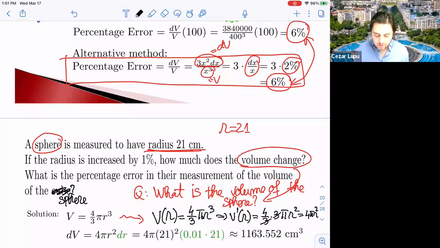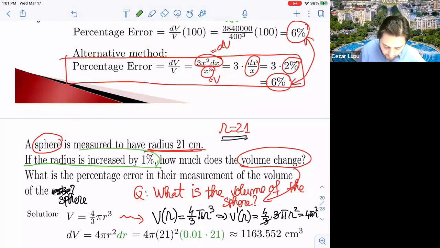Now you know that the radius r is 21. Let's not forget that. Look here, you have this information. And also we know that dr, pay attention, because it's increasing, the radius is increased by 1%.